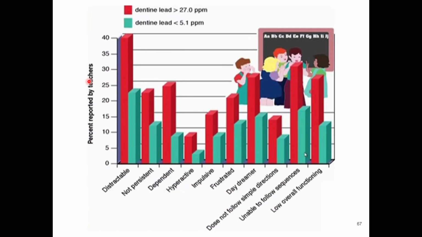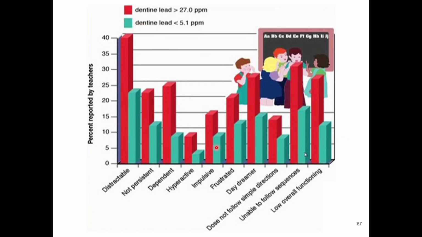And it has been found that lead also had a problem: its deposition was also in the teeth. That is dentine lead basically. When the dentine lead was greater than 27 ppm, the histograms are shown in red, and when the dentine lead, that is lead in the tooth, is less than 5.1 ppm, it is shown in green.